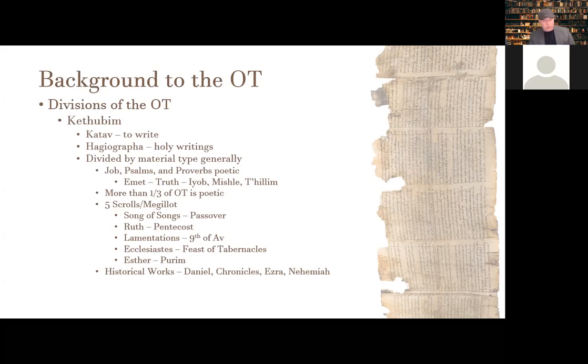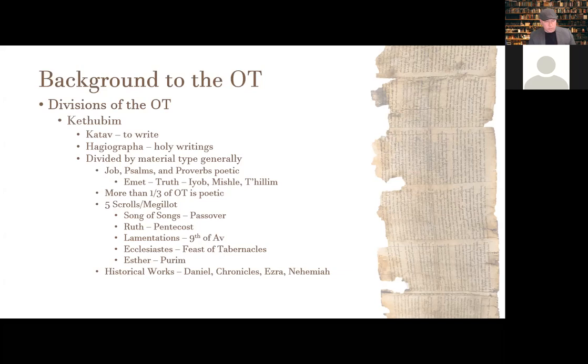And then we have the five scrolls that are part of this Ketubim. These are the Song of Songs, Ruth, Lamentations, Ecclesiastes, and Esther. What's unique is that all of these scrolls historically are read at different times of the year in the Hebrew calendar.